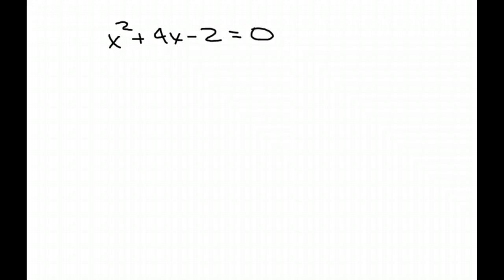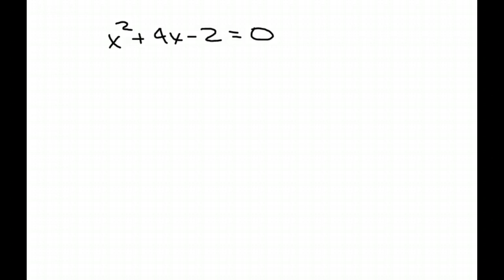All right. If we have one unknown, and an exponent of 2, the highest power of the variable, it's called a quadratic equation. If it had a 3 up there, it would not be a quadratic equation.